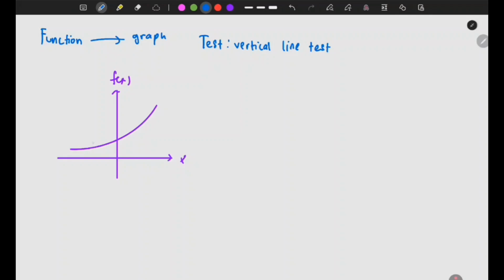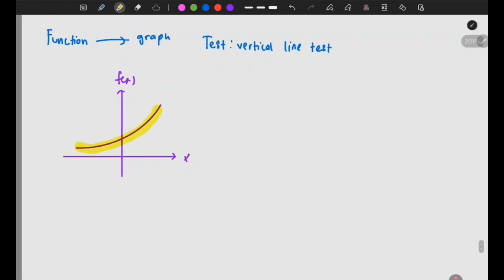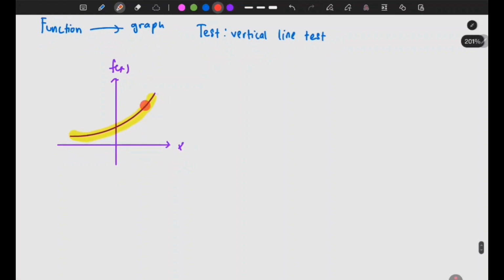You take any point from the graph. For example, I take here, and what I have to do is draw a vertical line.